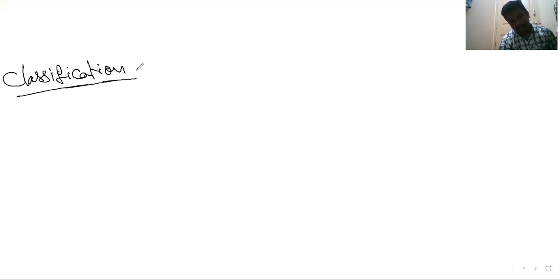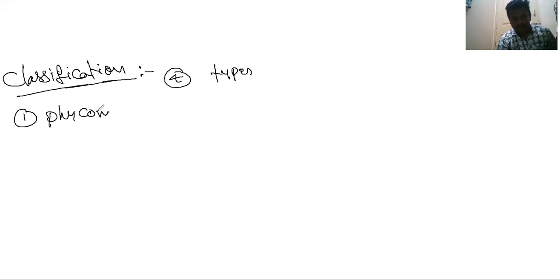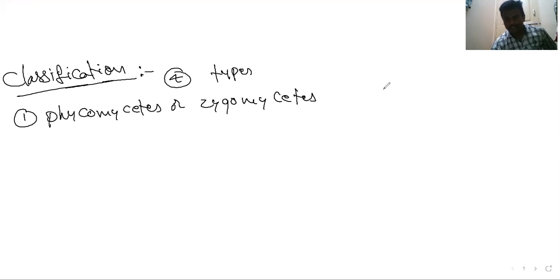Next, classification. The kingdom fungi is classified into four types. The first is Phycomycetes, also called Zygomycetes. The second is Ascomycetes.